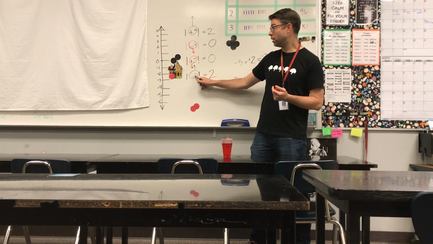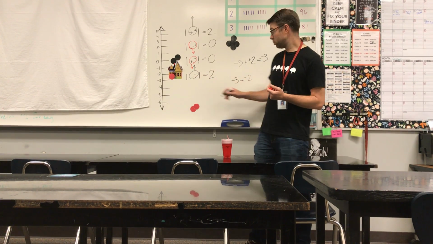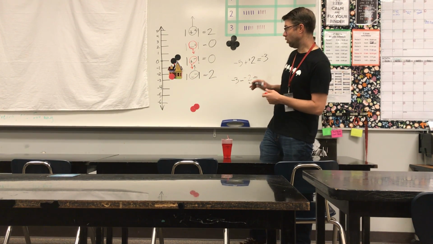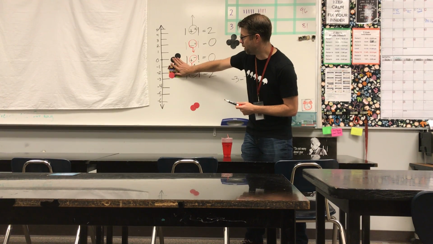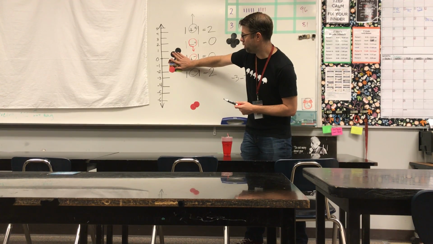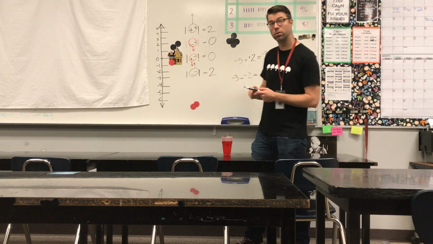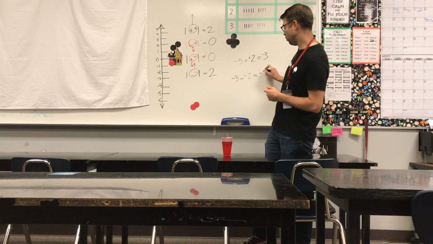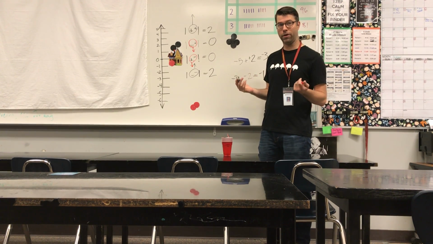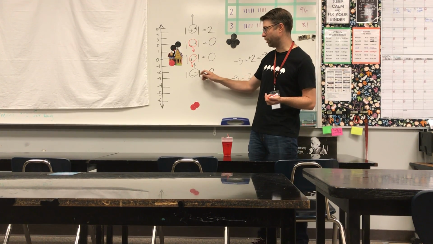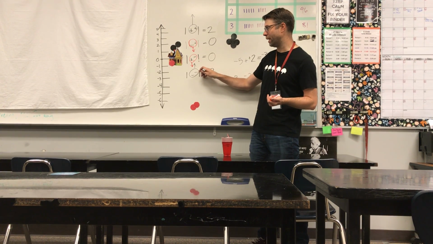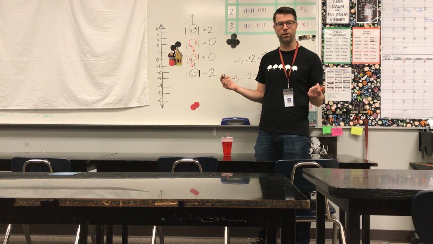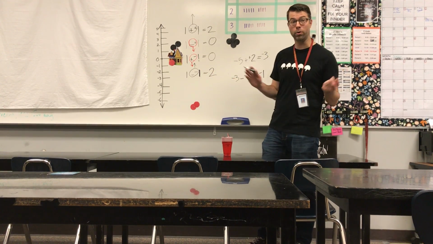What's the house going to do? It's going to go up. How far? 2. So where is it going to end up? 1, 2. -1. It ends at -1. So that's our answer. So every time we take away a negative, we just go up that many spaces. And it doesn't matter where we start.